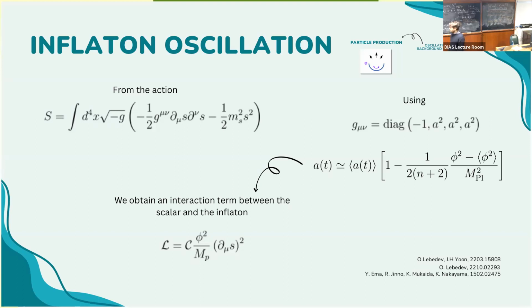So is that action in the Jordan frame or the Einstein frame? I'm guessing it's in the Einstein frame because you don't have the non-minimal coupling to gravity, which is how I would understand the inflaton coupling to S. Right, but you don't need to write any non-minimal coupling to gravity to have a coupling with the inflaton, in this case.